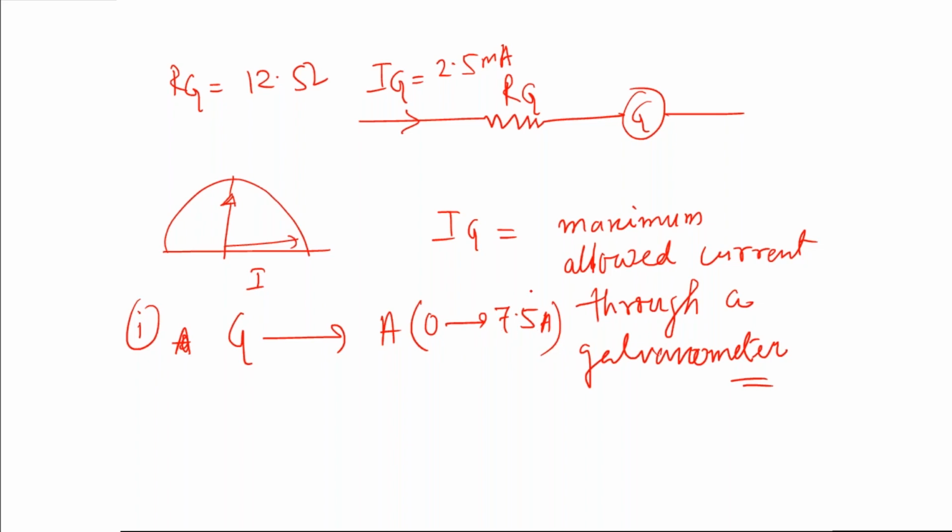I hope you remember that if you want to convert a galvanometer to an ammeter, you have to use a shunt resistance, a very small resistance, and you have to find out the value of that resistance. So how do you convert that?